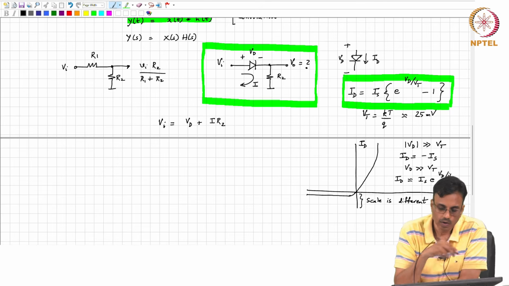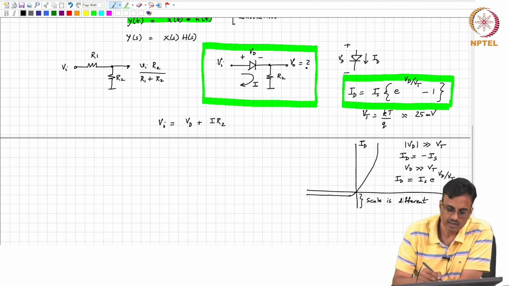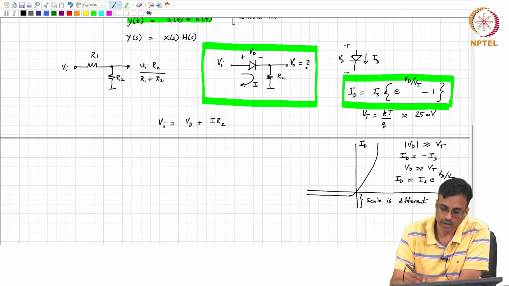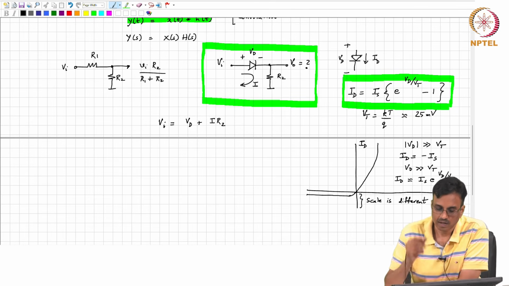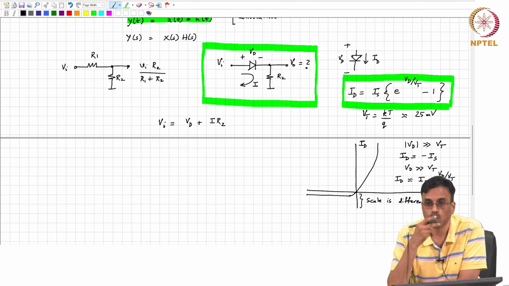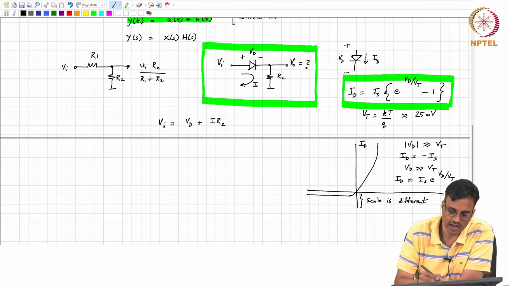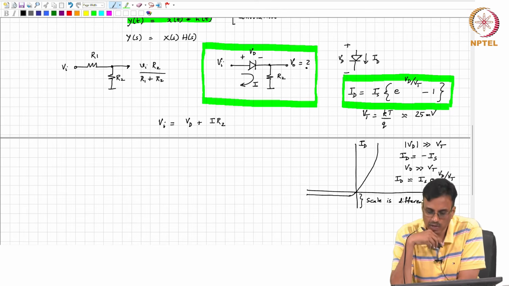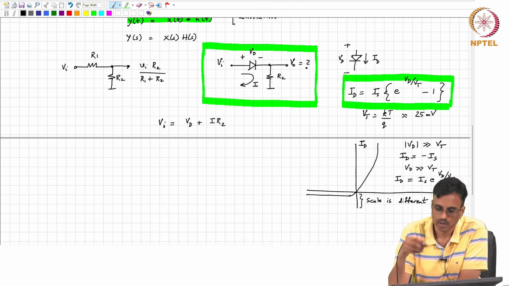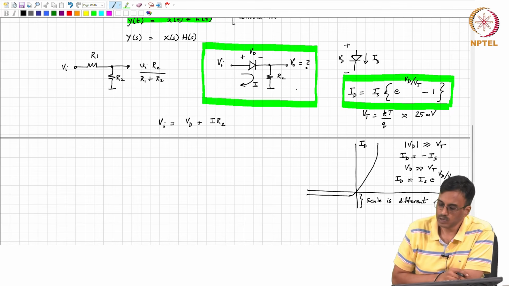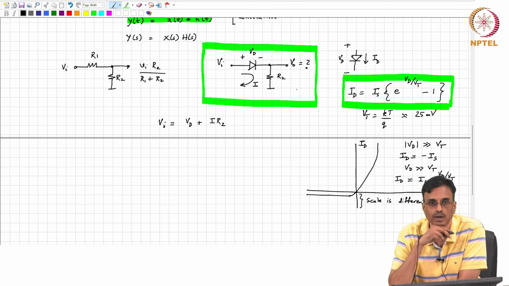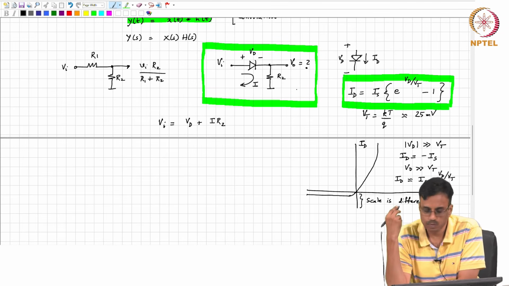Correct. So, first things first, staring at this picture of the circuit, can we figure out whether Vd is greater than 0 or Vd is less than 0? If Vi is positive, do you think Vd is greater than 0 or less than 0? It is greater than 0, that is apparent, I think. So, which part of the equation will you use? The exponential part.